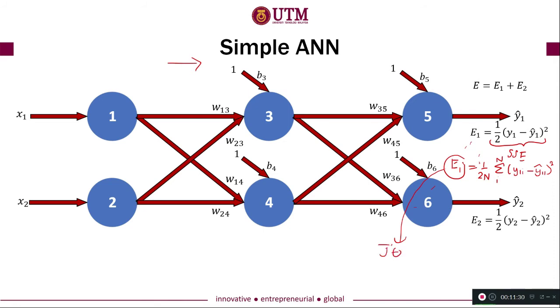Remember, your J theta is this expression. I think in the previous class we discussed this, when using MSE. However, for an artificial neural network, you cannot define your cost function as only the E1, because in an artificial neural network you have several outputs.